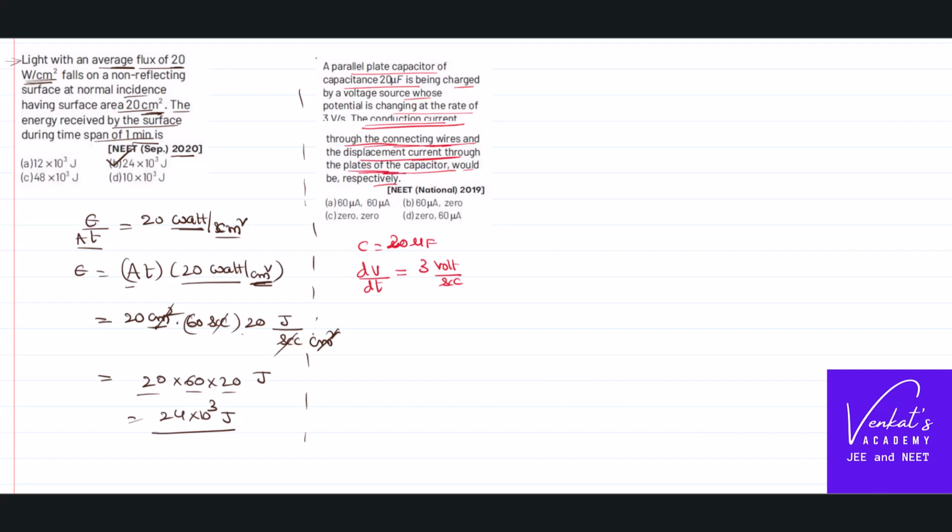When we are talking about different parts of a circuit, whatever current passes through the wire is called conduction current, and it will automatically pass to the capacitor, where it is called displacement current.